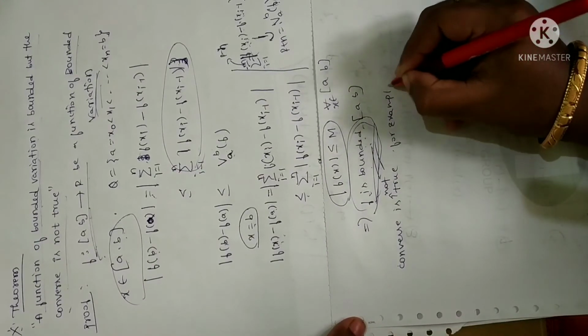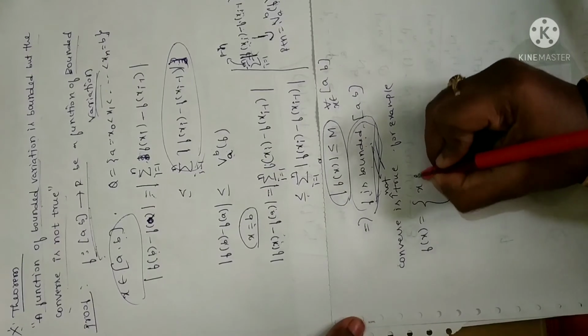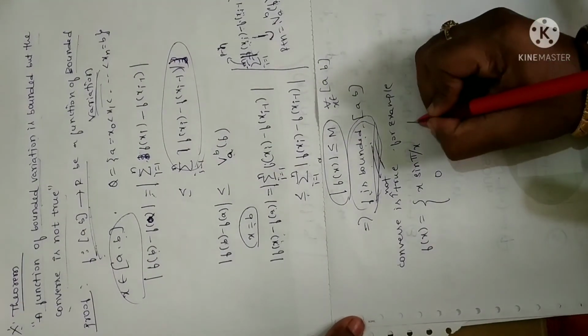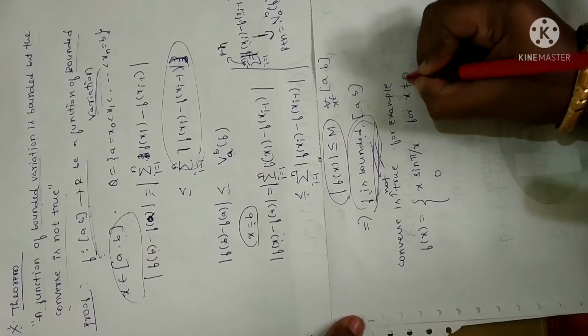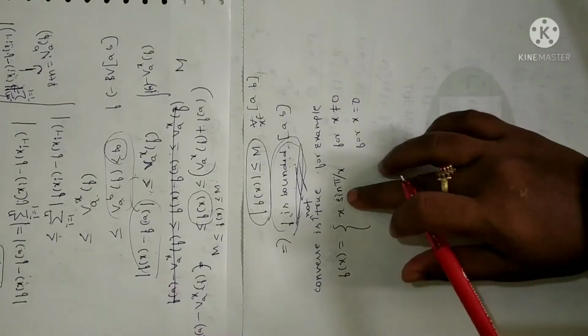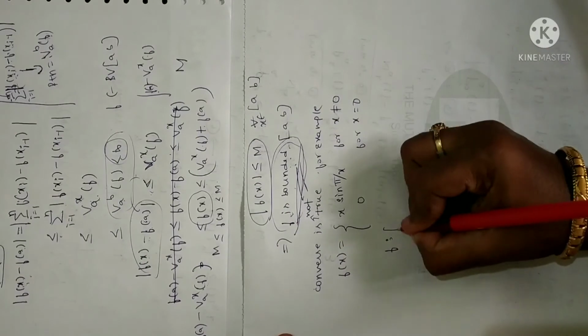For example, let me consider a function f of x defined in such a way that I'll just consider a step function x into sine pi by x when x is not equal to 0, and 0 for x equal to 0. So I have defined one function such that this is bounded, right? Clearly, see here f is defined in the domain 0, 1. Why?